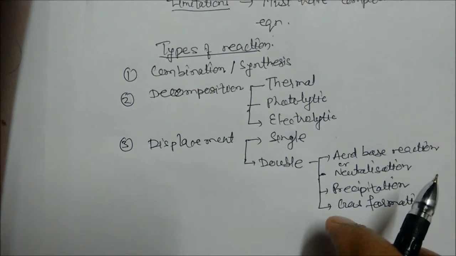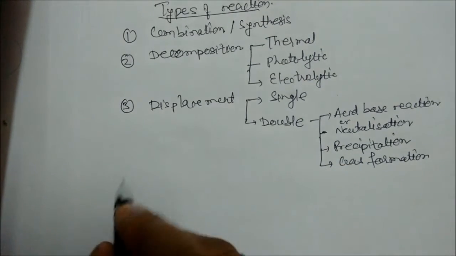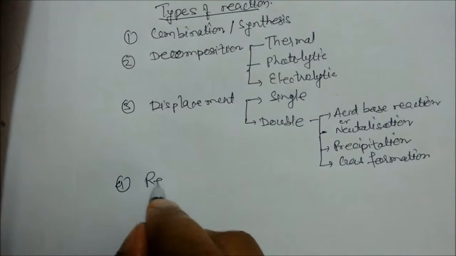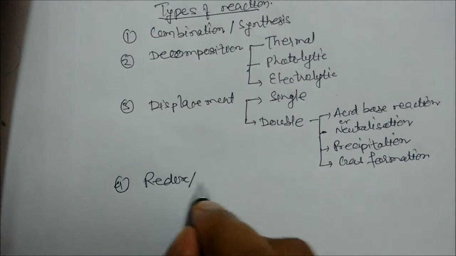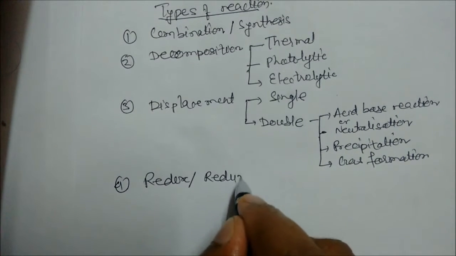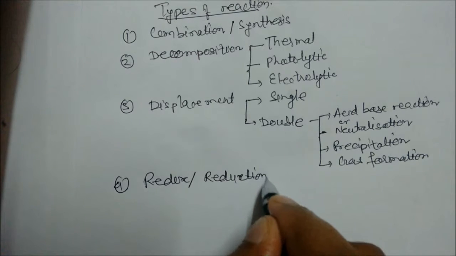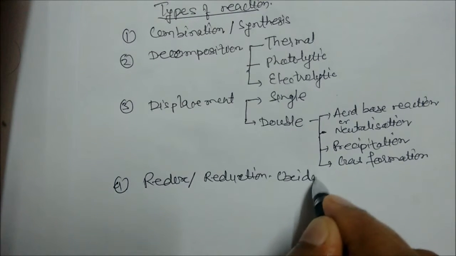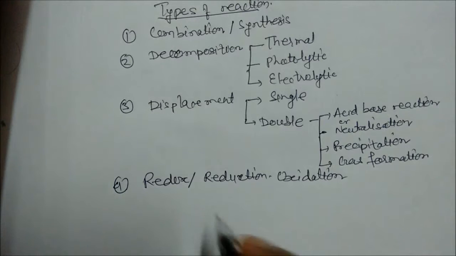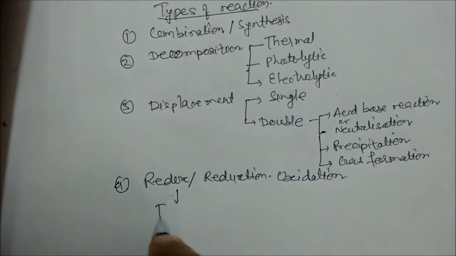We'll take an example of each and every reaction. And fourth we have redox, or the other name is reduction oxidation reaction. It is again three types.